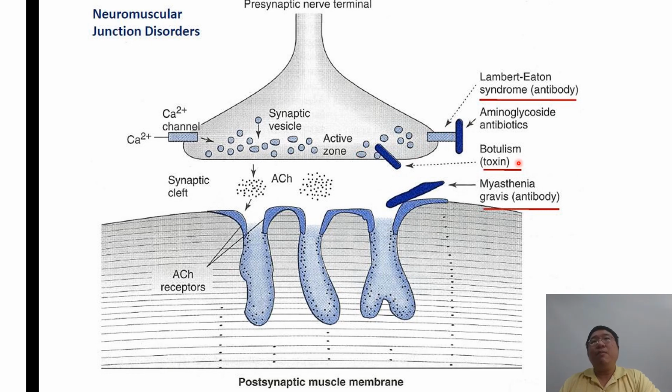And for botulism, the toxin inhibits secretion of acetylcholine. The toxin prevents the release of the acetylcholine from the presynaptic nerve terminal. So the patients will also have weakness.